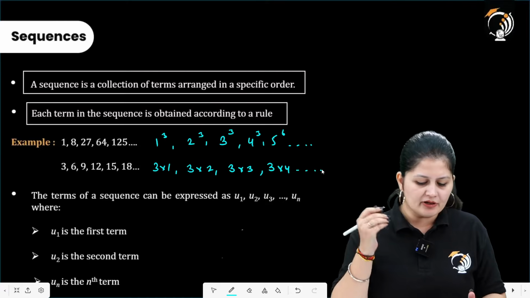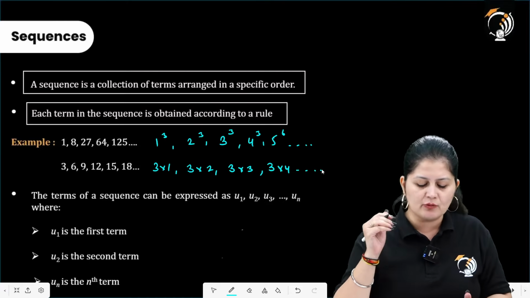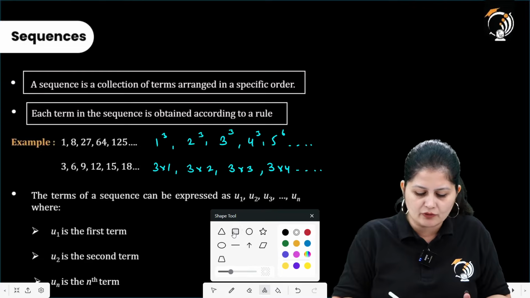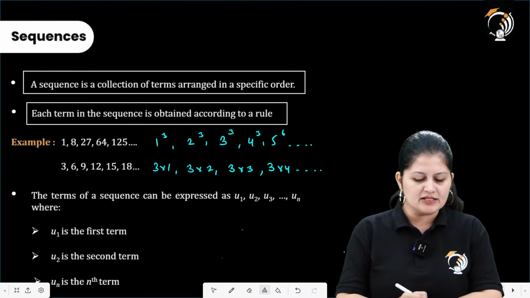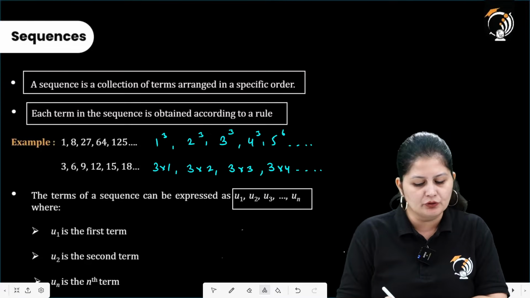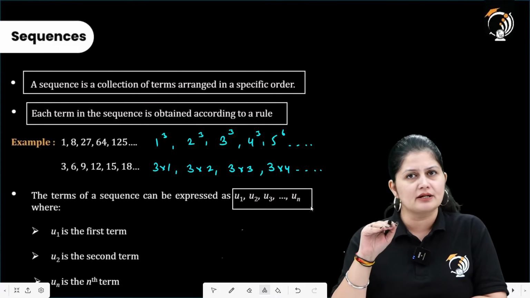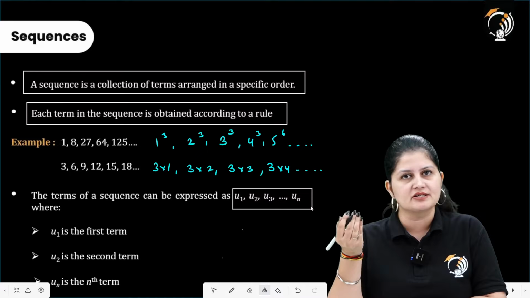Now further, the terms of a sequence can be expressed as u1, u2, u3 till un. Here un is the nth term of the particular sequence.